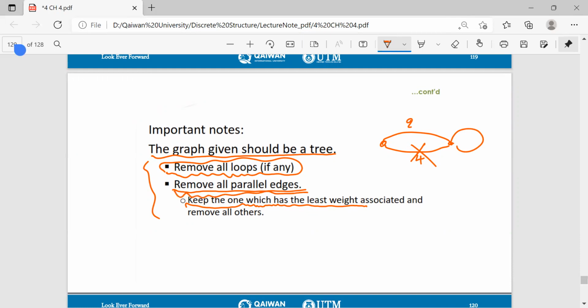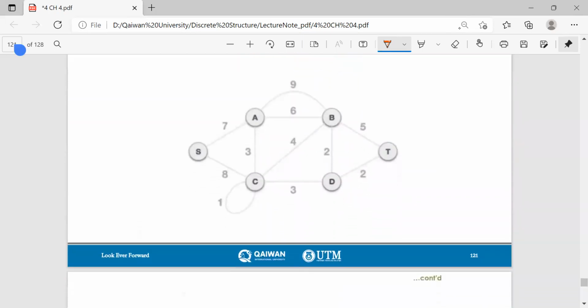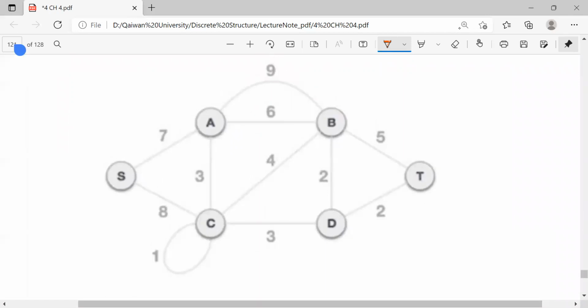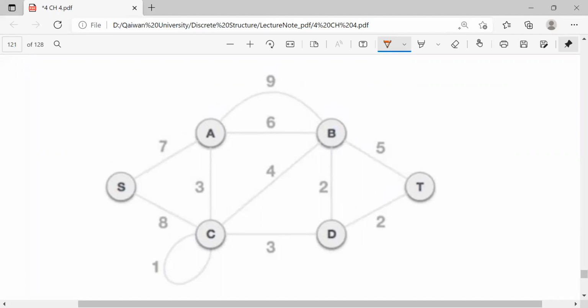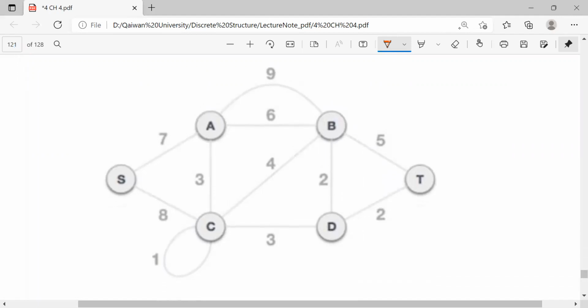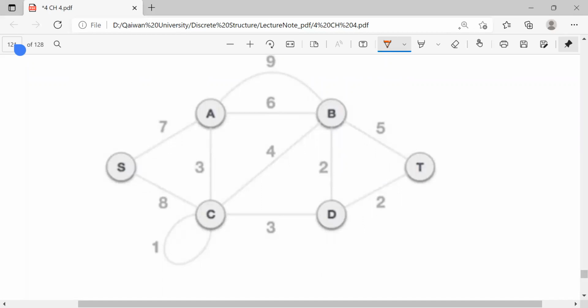Which one do we remove? The greater weight. In this example, we have been given this graph. So we should find the minimum spanning tree for this graph. What should we do first? We must first remove the loops and parallel edges.